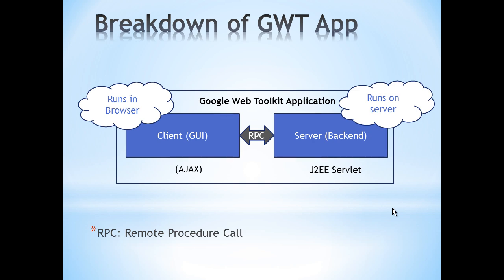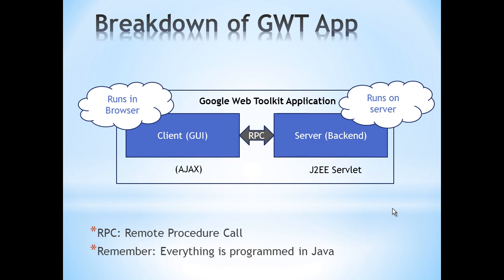As a matter of fact, I should be saying an RPC or remote procedure call, not RPC call, because then I would be saying remote procedure call call. Anyway, I will probably explain RPC in a later tutorial. For now, you can just assume that RPC is the mechanism that facilitates the communication between our GUI and our backend.